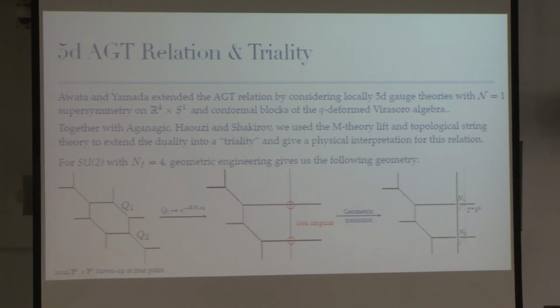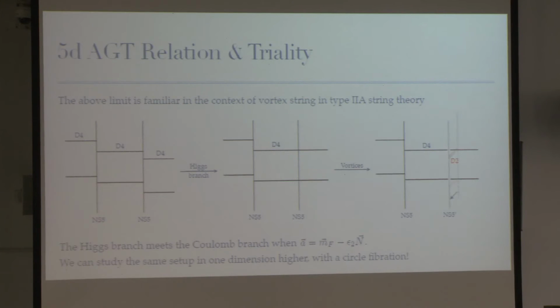Okay? And that should be familiar, this is more or less the same construction if you think in terms of the vortex strings in type 2A, where you start with this construction written to engineer Seiberg-Witten theories with NS5 branes and D4 branes suspended between them.